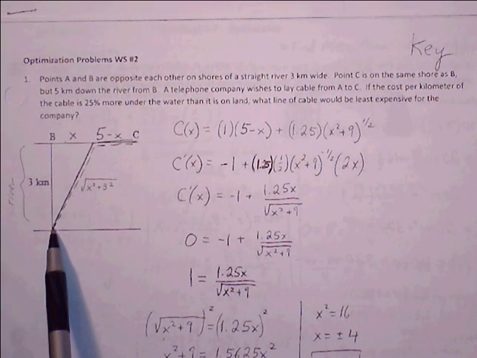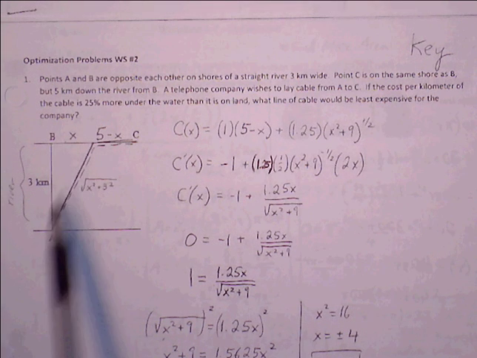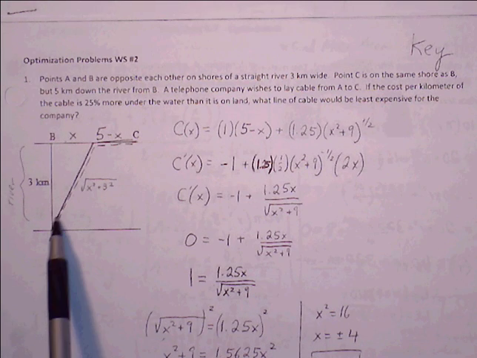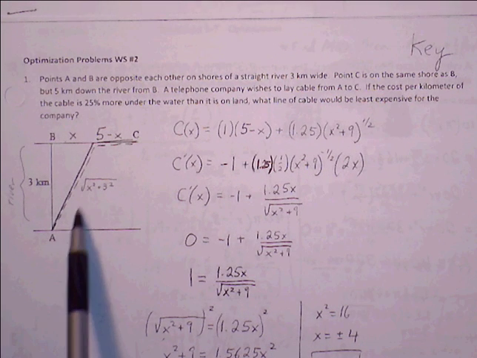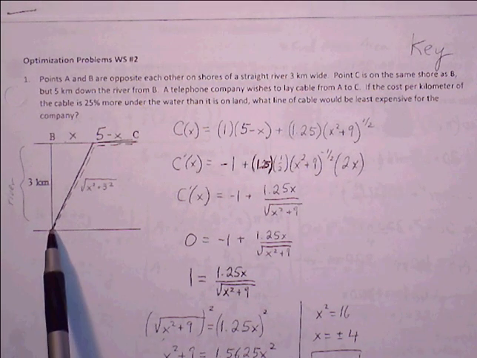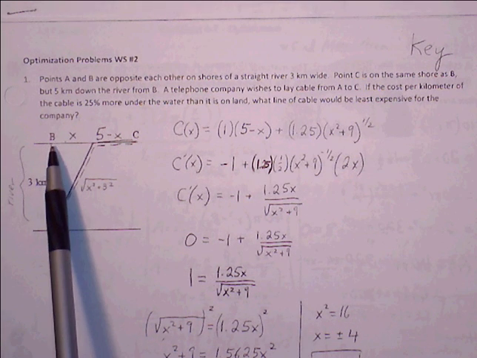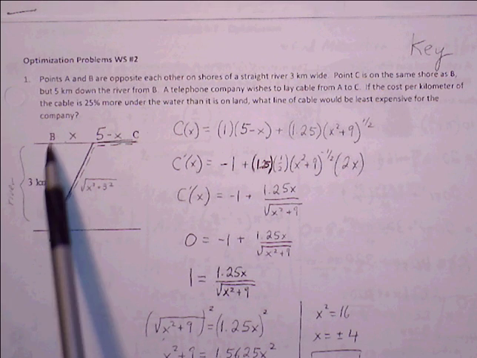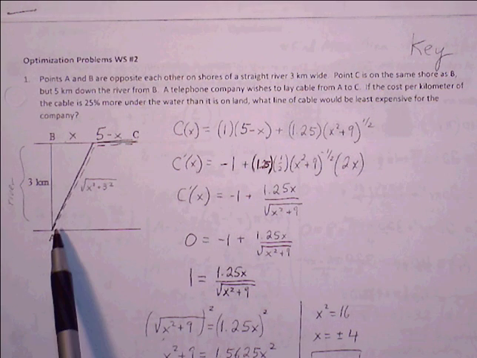However, from point A to point B to point C, that's going to be the longest possible distance. It'll be much longer than between point A and point C. So it's more cost effective in the sense that there's more of it on land, but it is traveling a longer distance.